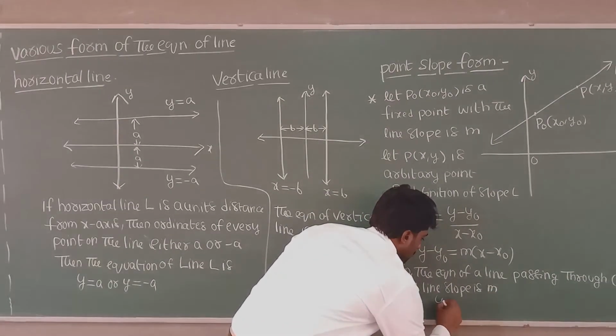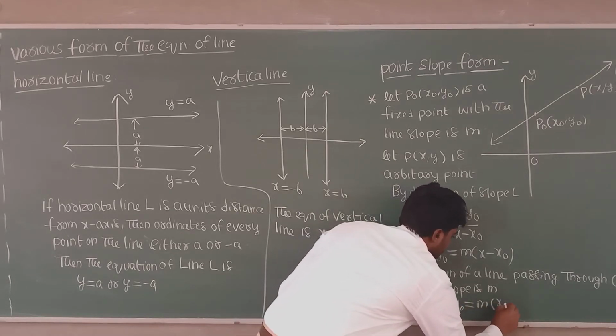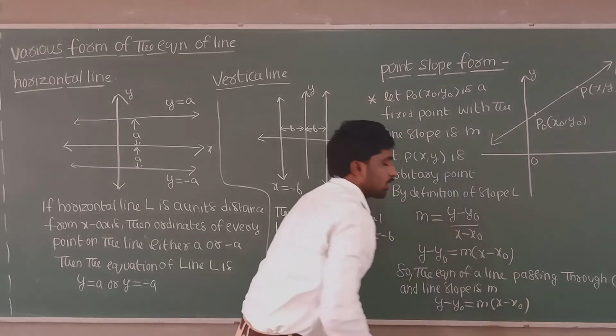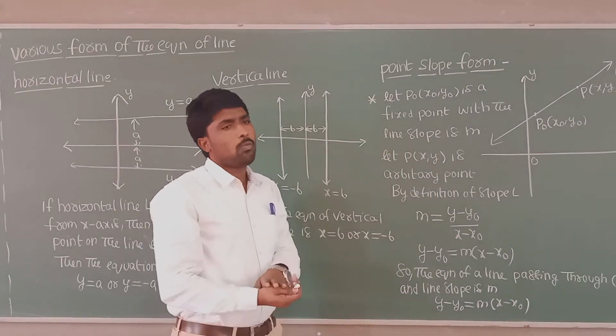Directly we can represent y minus y naught equal to m into x minus x naught. Is it clear, everyone? So this is the very important formula, point slope form.